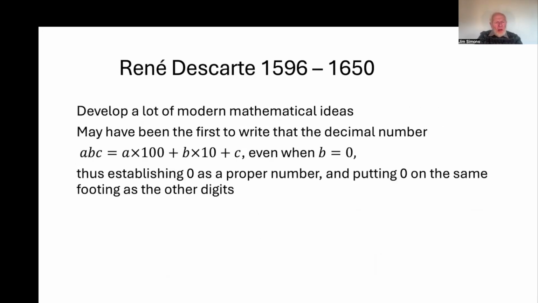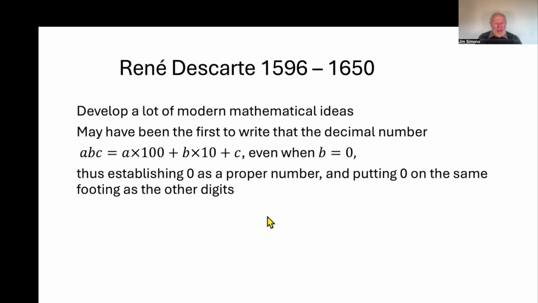So another 100 years on, or thereabouts, René Descartes, who developed a lot of modern mathematical ideas and notation, and it's about this time, it might not be him, who first wrote something like this, which says unambiguously that what we're doing here is that this middle digit here means b times 10, even when b is 0.